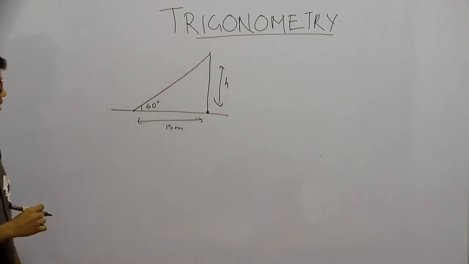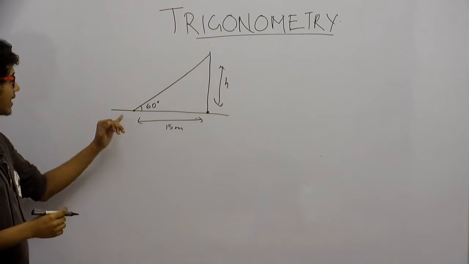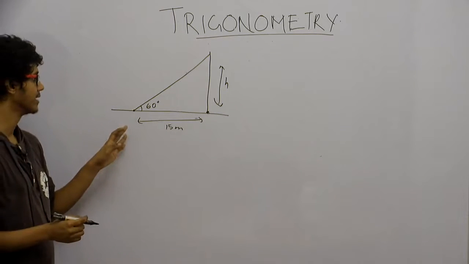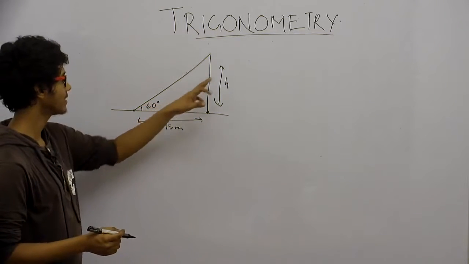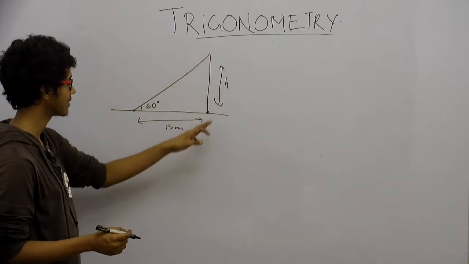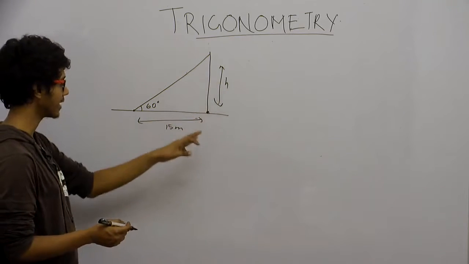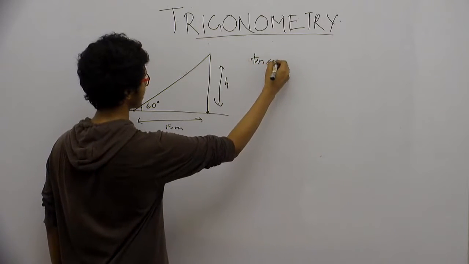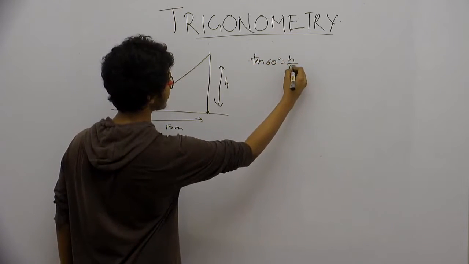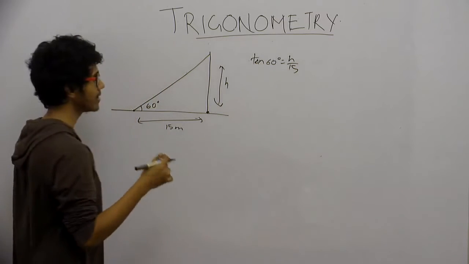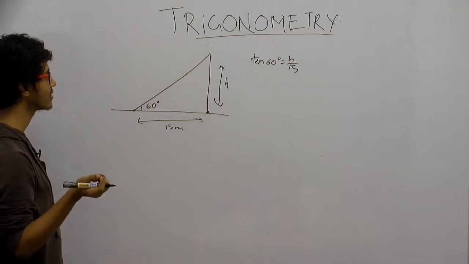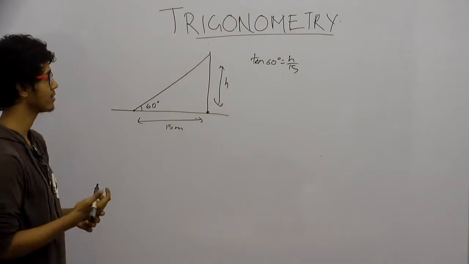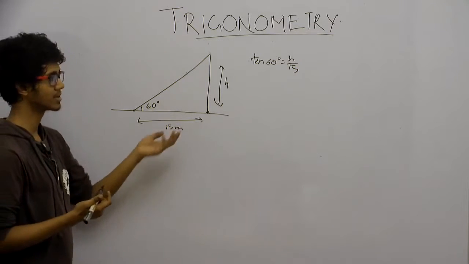Okay, so we can directly find this using tan 60 degree. Tan of this angle will be this side divided by this side, that is h by 15. Okay, tan 60 degree equals h by 15. You can of course do it by other trigonometric ratios, but it will require finding out the hypotenuse, and that will be a long strenuous process. It's better to do it using just this.